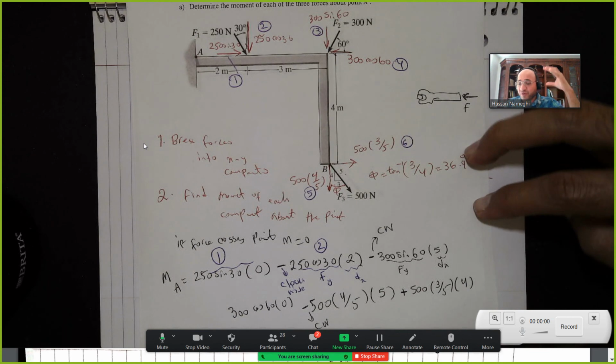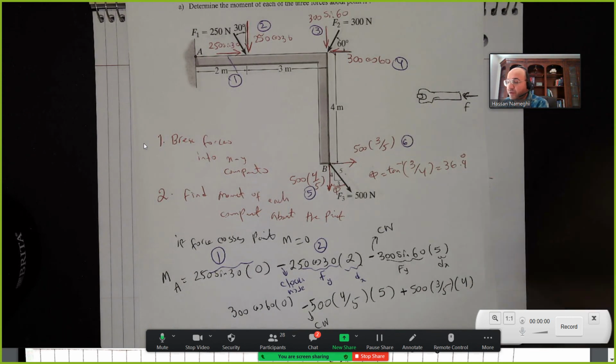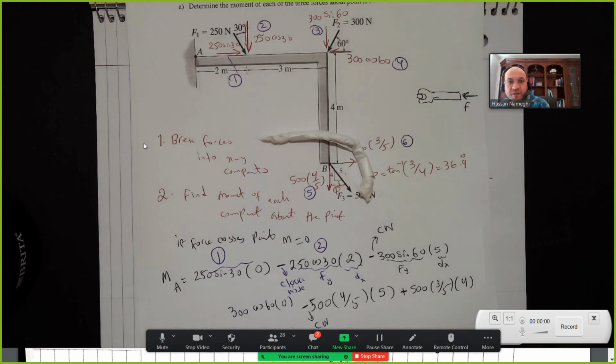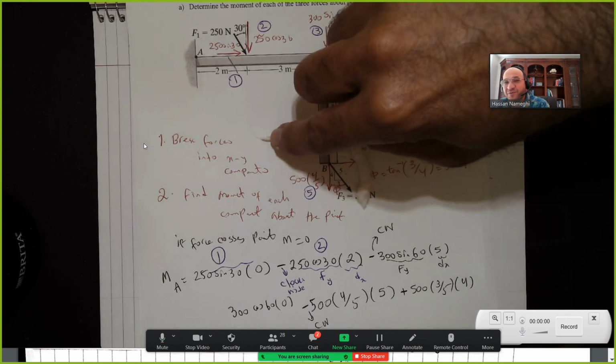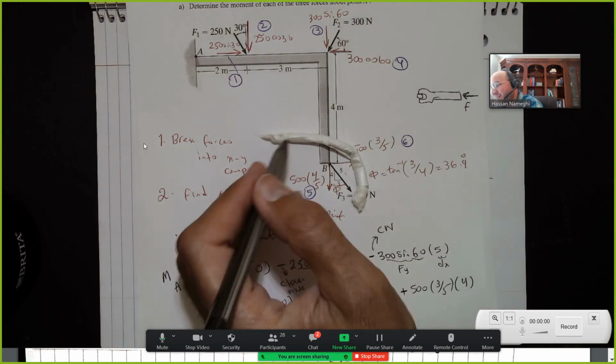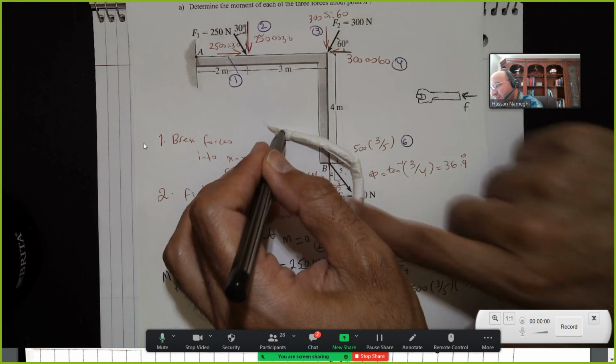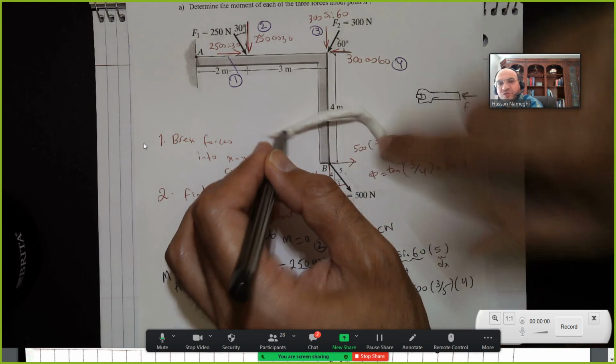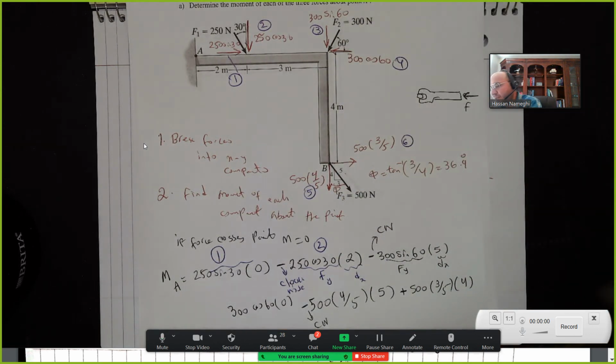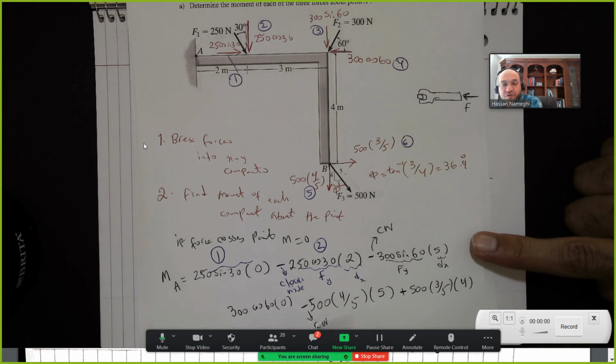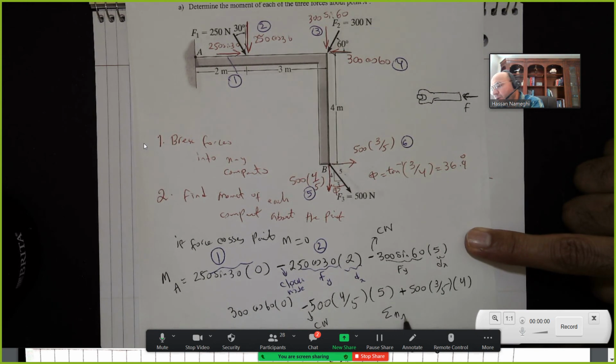It's a little bit hard to imagine, but you can always use something like a Q-tip and apply the force like this, and it shows you it's going to go counterclockwise. So you can add all these numbers together, and that will be your resultant moment, the sum of moments about point A.